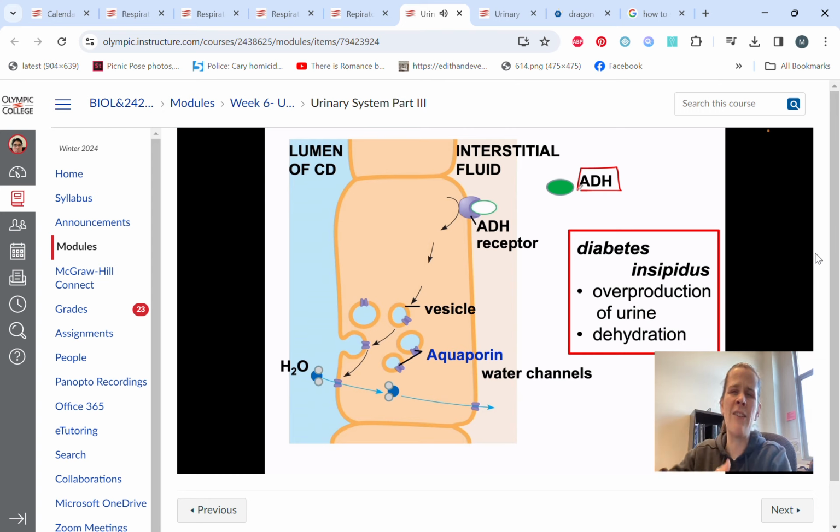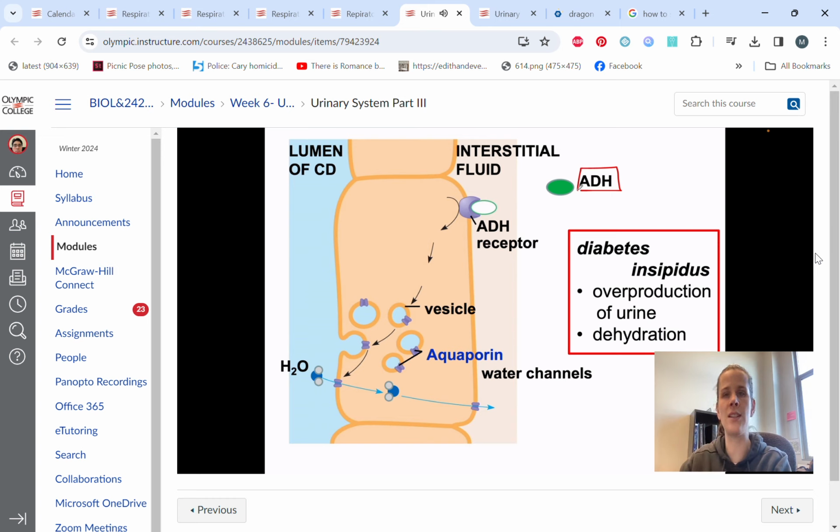However, individuals with elevated levels of glucose will saturate those receptors. There will be so much glucose in that filtrate that all of those receptors are busy binding and reabsorbing the glucose and aren't able to reabsorb all of it. There's just not enough receptors to do that.